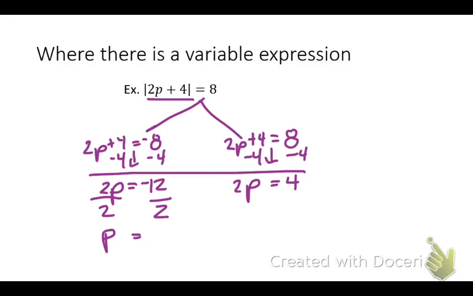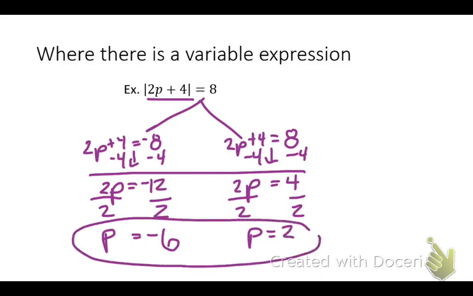Negative 12 divided by 2 is negative 6. In my other equation, I divide by 2, and so I have p equals 4 over 2, which is 2. And so that gets us our two possible answers for this absolute value equation.